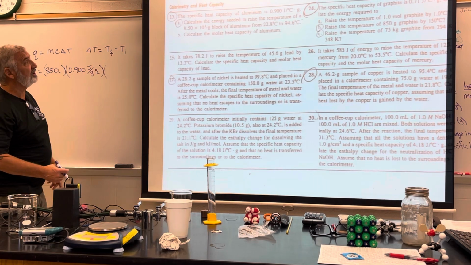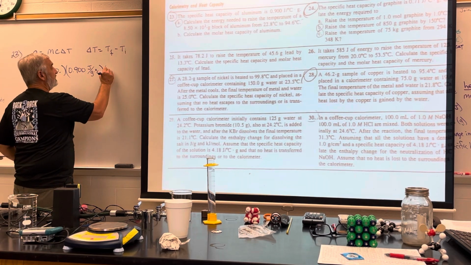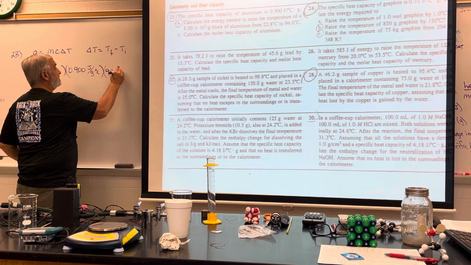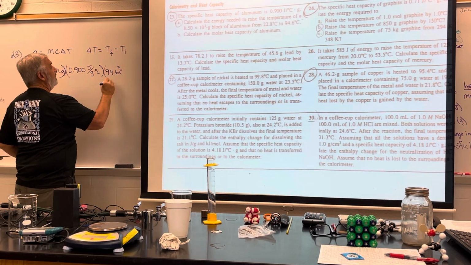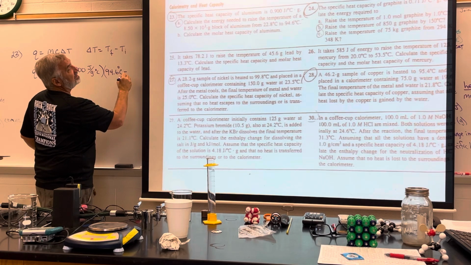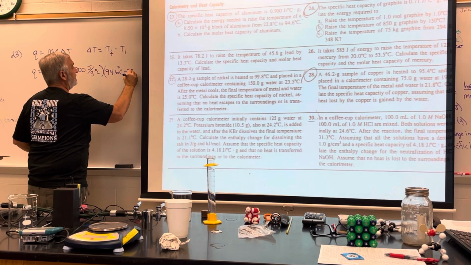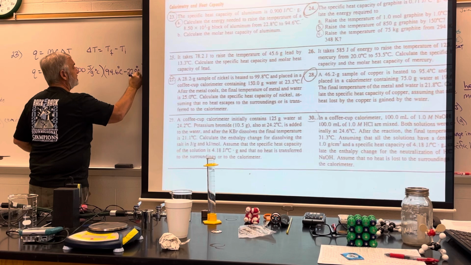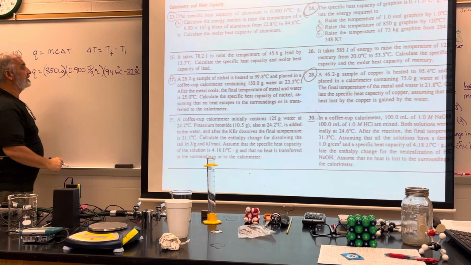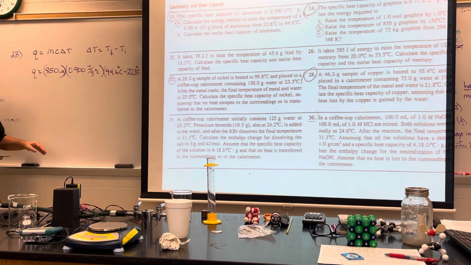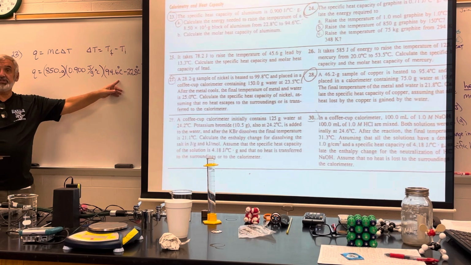So we're going to go 94.6 degrees Celsius minus 22.8 degrees Celsius. Now remember, for sig figs, you have to do the subtraction in the parentheses first. That's still going to be 3 sig figs.